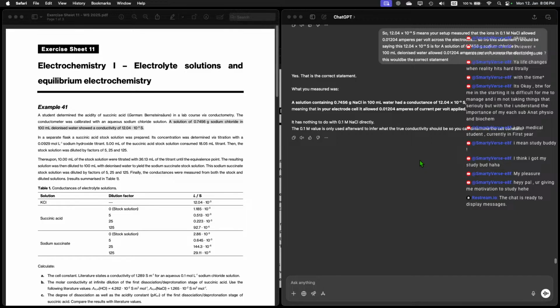Solution of 0.46 grams moves 0.012 amperes of current per volt applied.